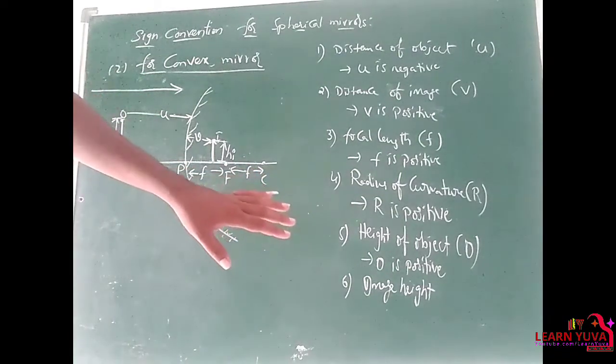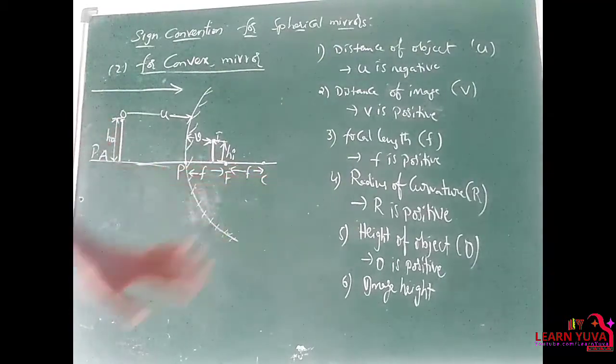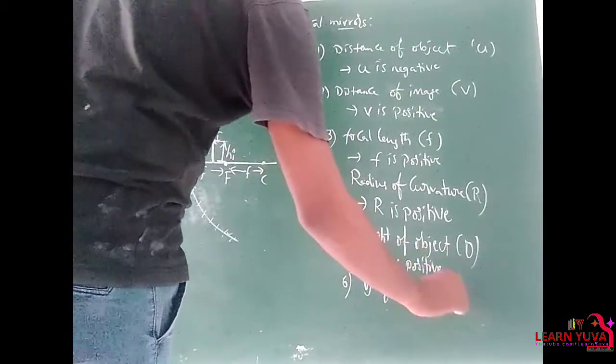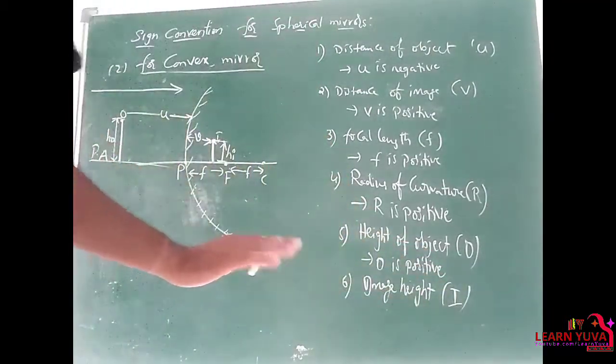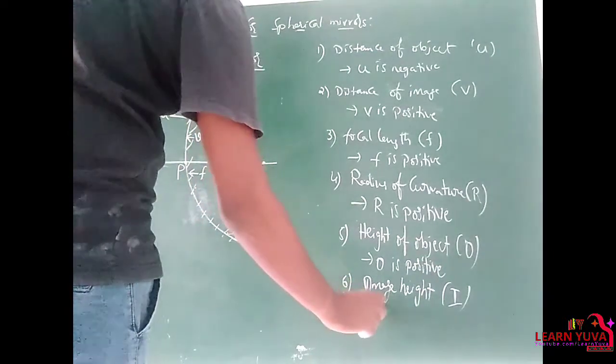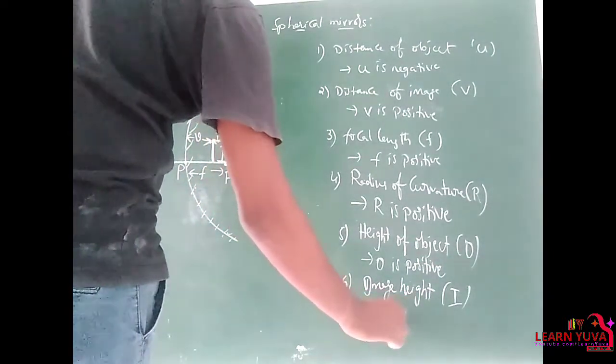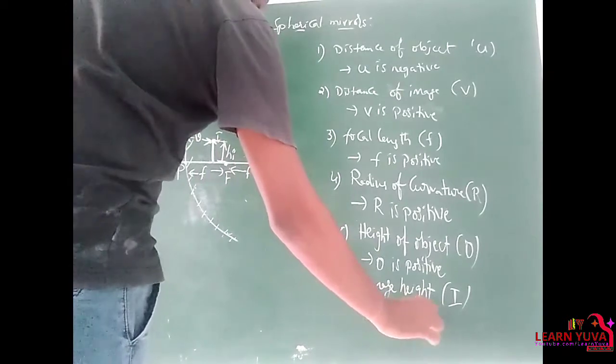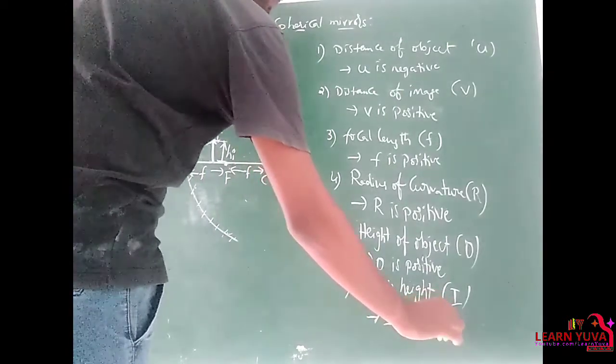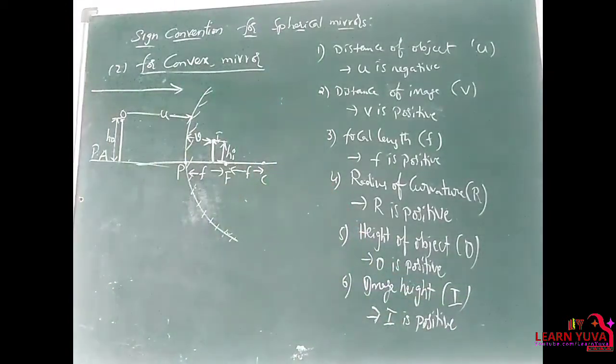The image height is I. Here the images are only virtual, so I is also positive. That's it.